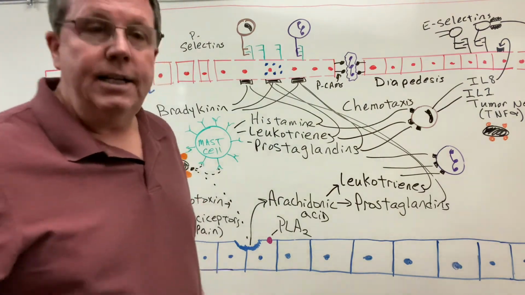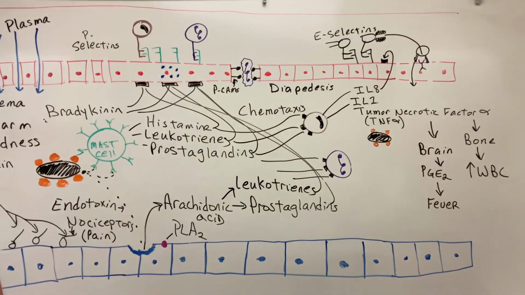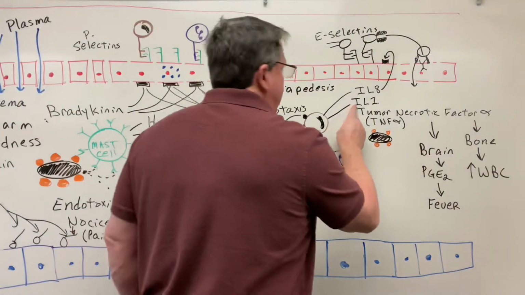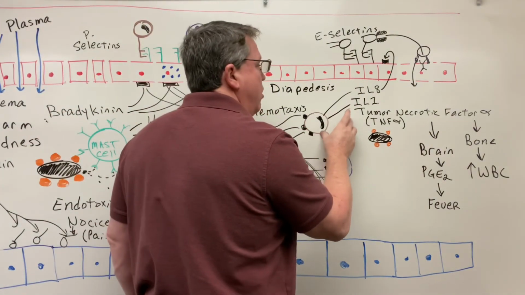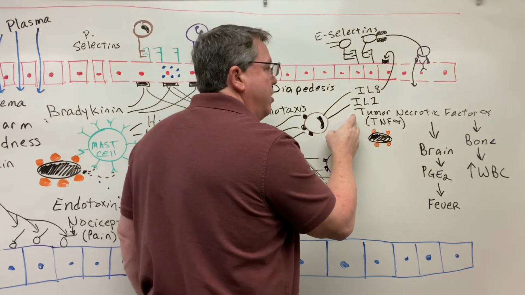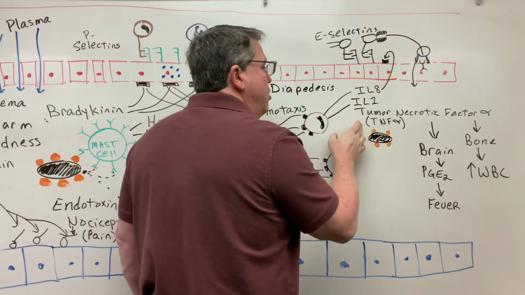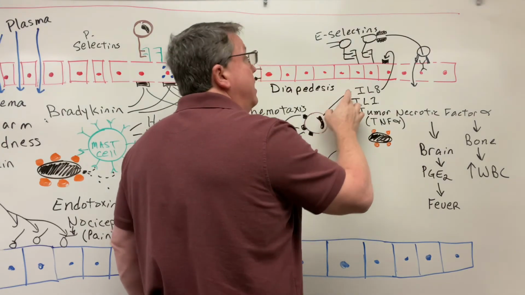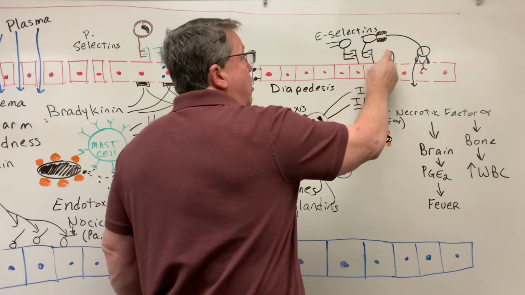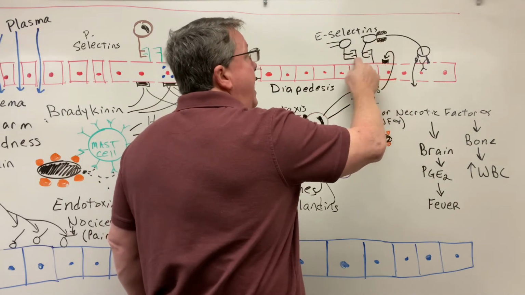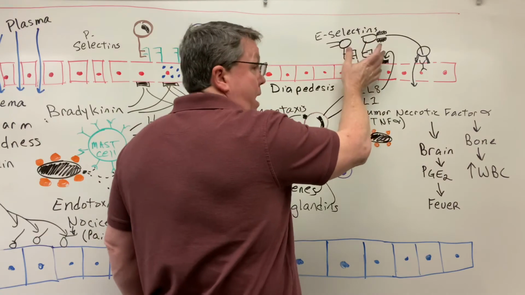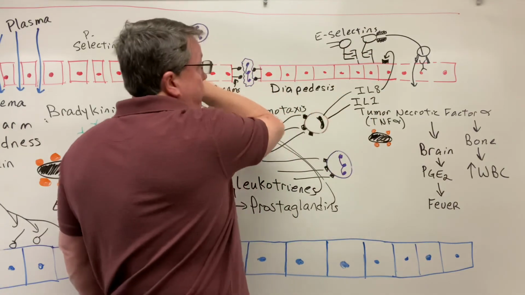So the next thing that's going to happen is, when these go to attack, we are going to produce interleukin-1, tumor necrosis factor alpha, and interleukin-8. Interleukin-8 will basically go and bond to a receptor and cause E-selectins to pop out, just like we saw with the P-selectins over here.